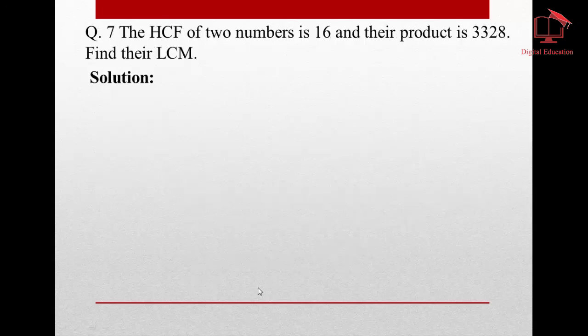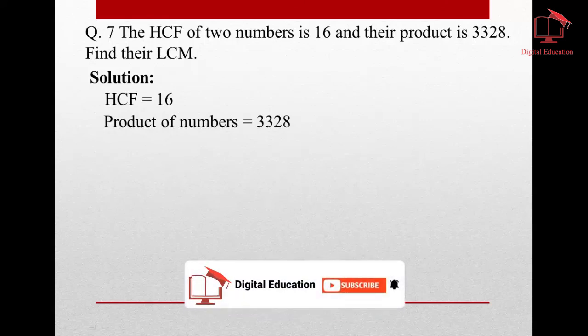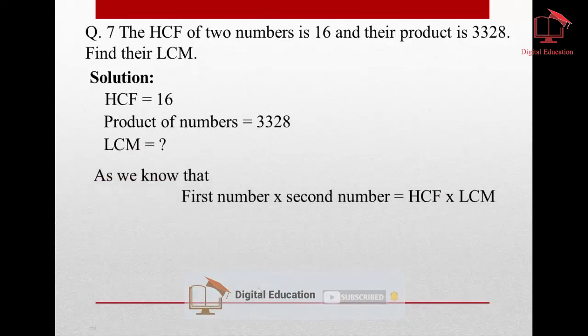Now students, this is our last question of our exercise 3.5. In this question the HCF of two numbers is 16 and the product is 3328. Find their LCM. Now students, HCF is equal to 16 and the product of the numbers is 3328 and we have to find the LCM.